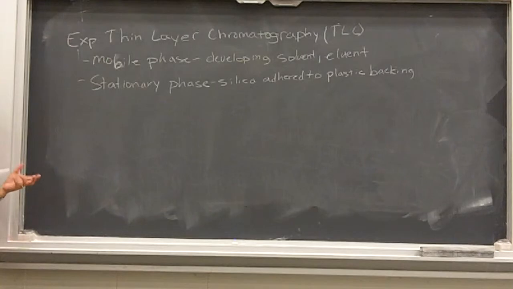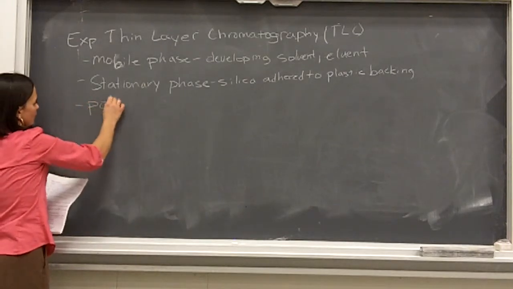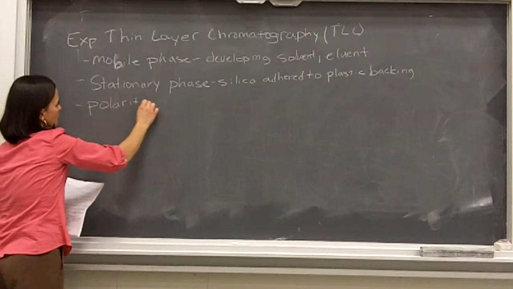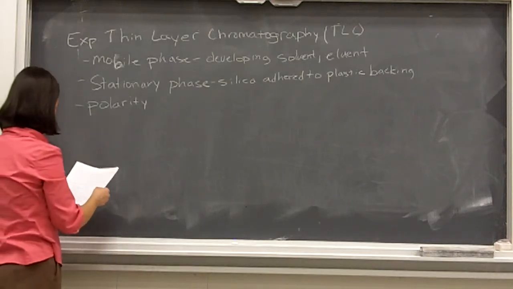With gel permeation chromatography, we were separating things based on size. With GC, we were separating things mainly based on volatility and boiling points of compounds present. Now for thin-layer chromatography, we're going to be looking at the polarity of the compounds. And so the separations are going to be based on the relative polarity of what you are looking at.